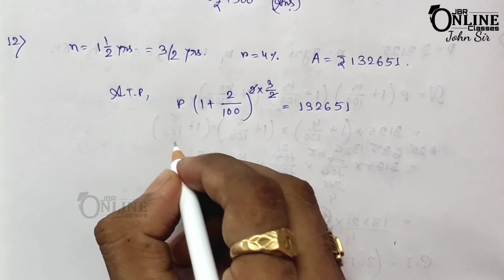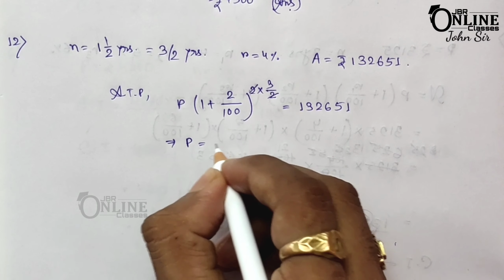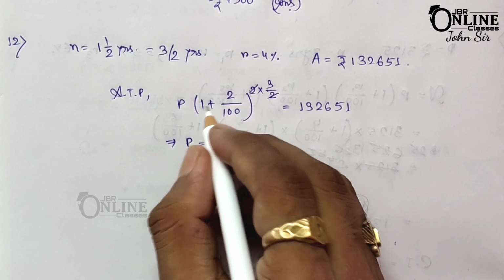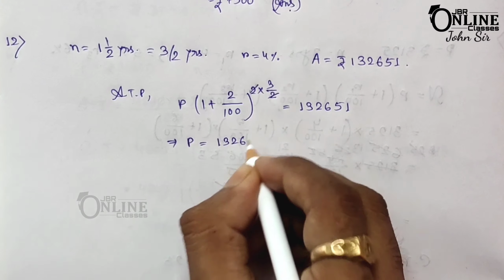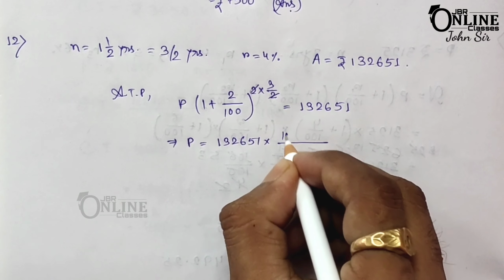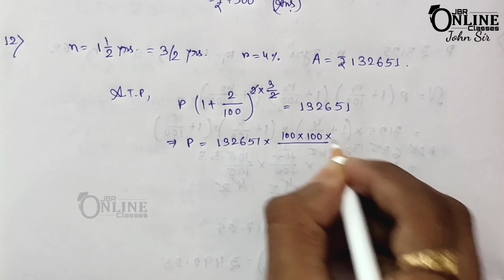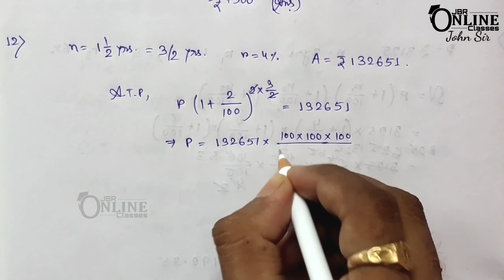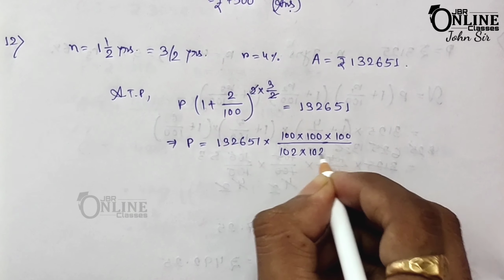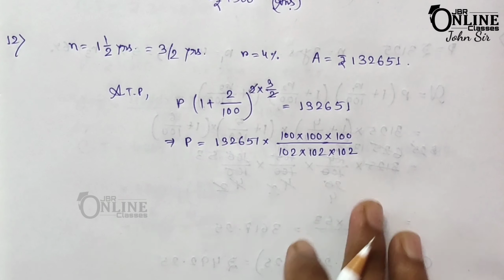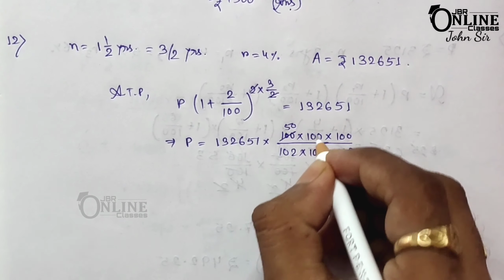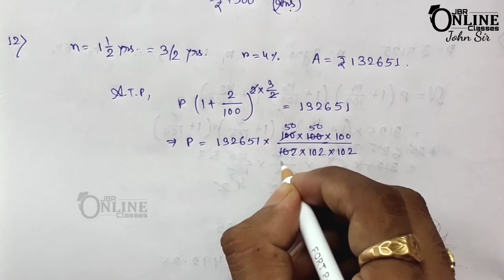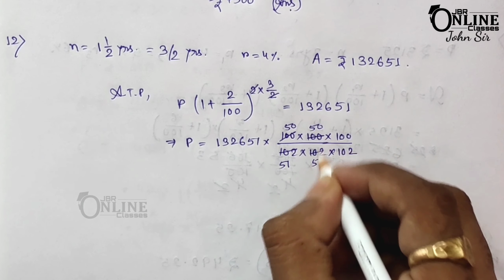equal to 132651. So P equal to 102 by 100 whole cube, that means you can directly write this 3 times, as cube means 3 times. Now you have to divide this one, 102 by 100 equal to 51 by 50, so 50 and 51 cancel out by 2.